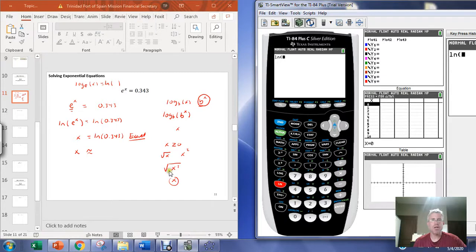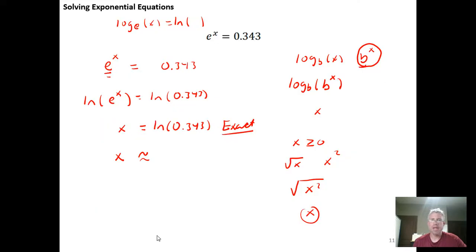The natural log of 0.343, and we'd hit enter, and that's going to generate a result, negative 1.07. So we go back from the calculator, negative 1.07 is an approximation of the answer.